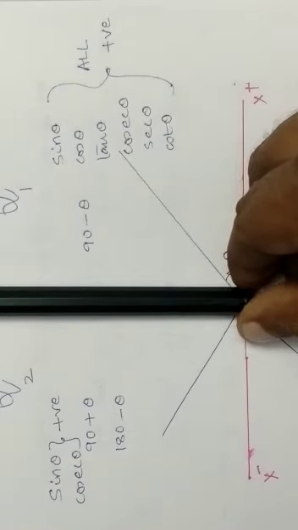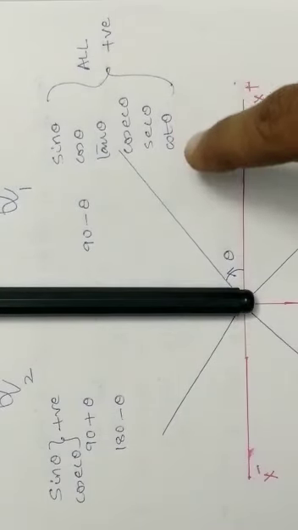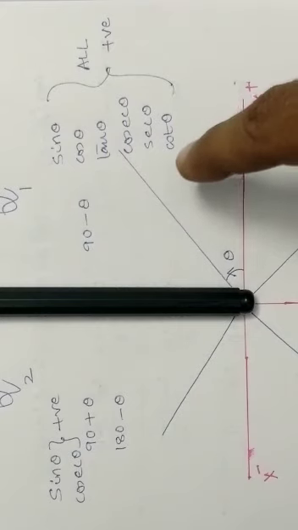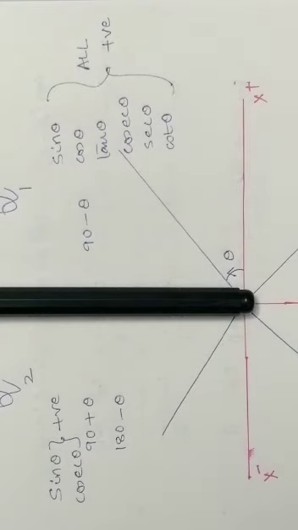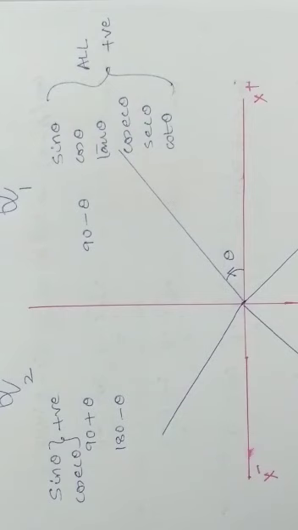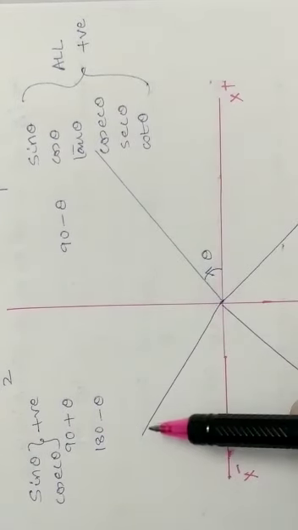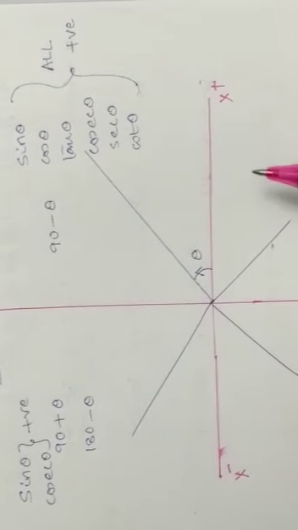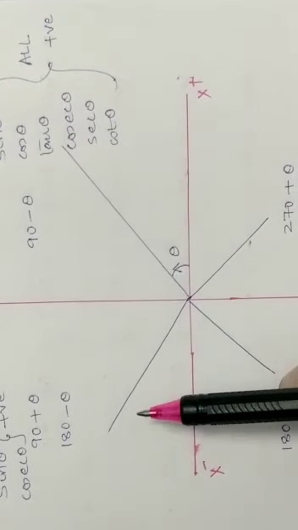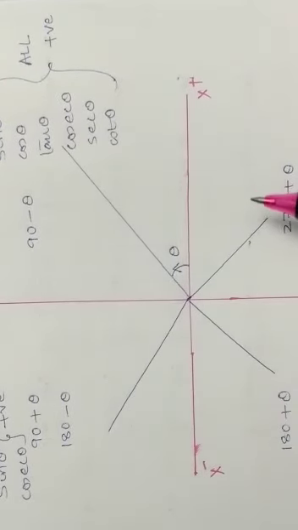So, this is called the first quadrant. And I have already told that with the x-axis and y-axis, the plane is divided into 4 parts. First part, second part, third part, fourth part, which means first quadrant, second quadrant, third quadrant, and fourth quadrant.